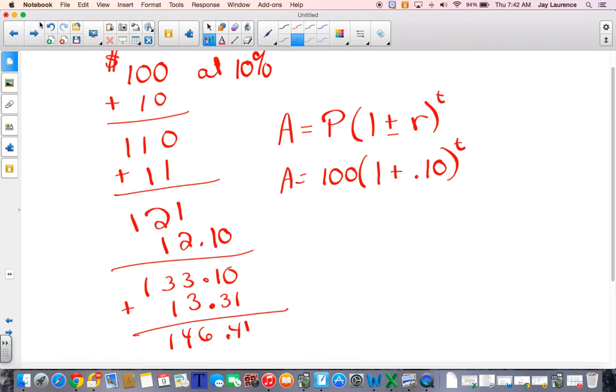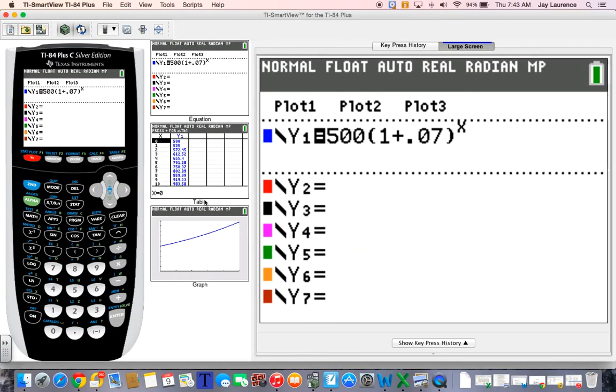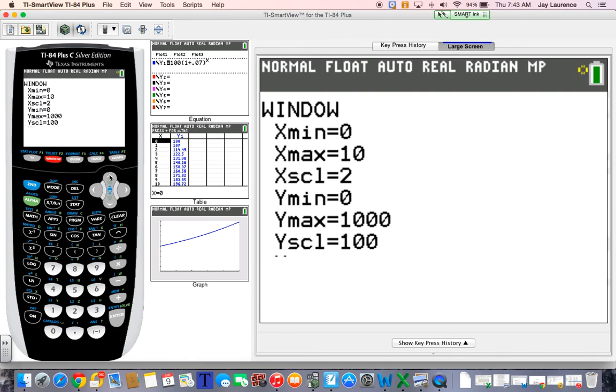In fact, let's do this on a calculator here. Okay, it's $100, 10%, and it's a variable. So I'm going to get a graph of this picture, all right? I'm going to have to change my window. It's going up.